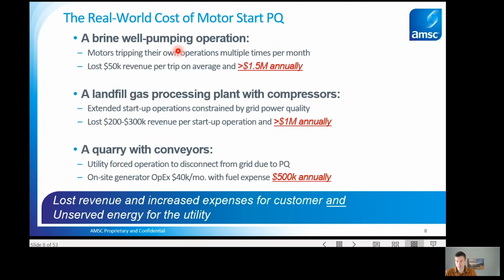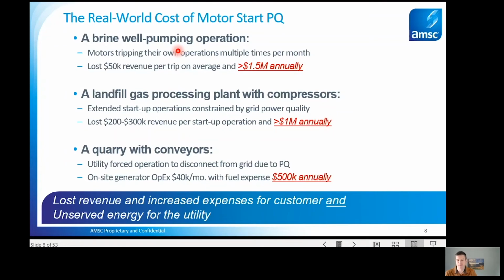So there were about a dozen motors located across a utility feeder, and these are larger motors in the 1,000 horsepower range. And what was happening is every time this industrial customer would try to start one motor, especially a downline motor, a significant voltage dip would occur, and then that would in turn trip off either other motors or other equipment associated with their operation.